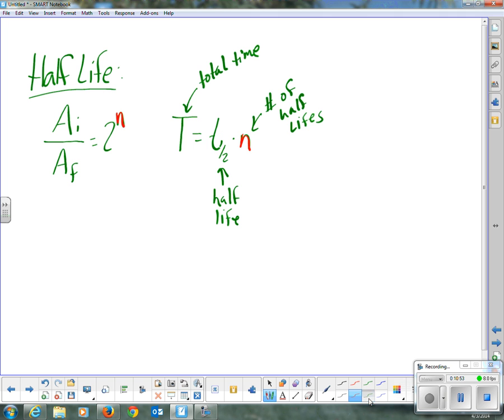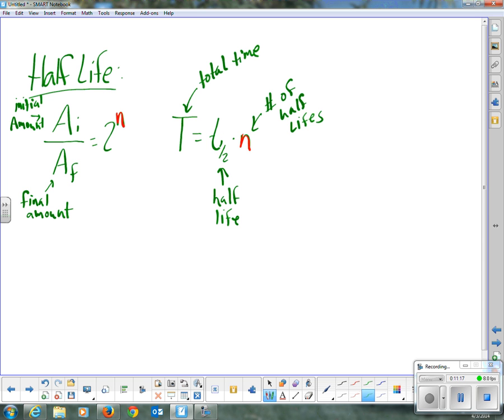Now, over here, A initial is just the initial amount. That means AF is the final amount. And you should be able to take any three things given and find any of the others.